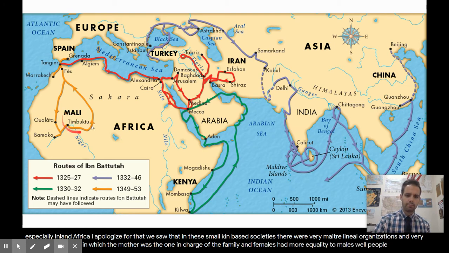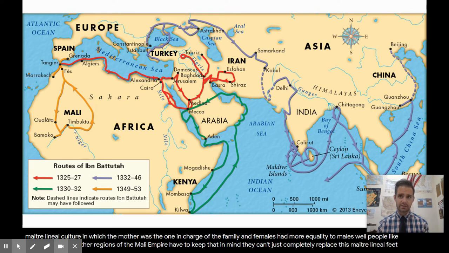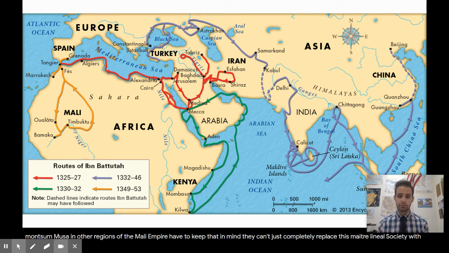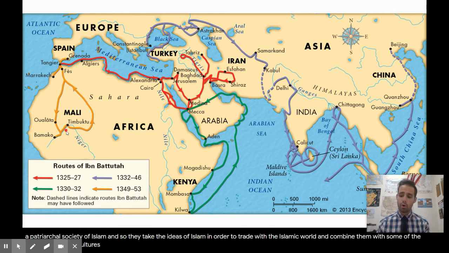Well, people like Mansa Musa and other leaders of the Mali Empire have to keep that in mind. They can't just completely replace this matrilineal society with a patriarchal society of Islam. And so they take the ideas of Islam in order to trade with the Islamic world and combine them with some of the traditional African cultures that were already there.